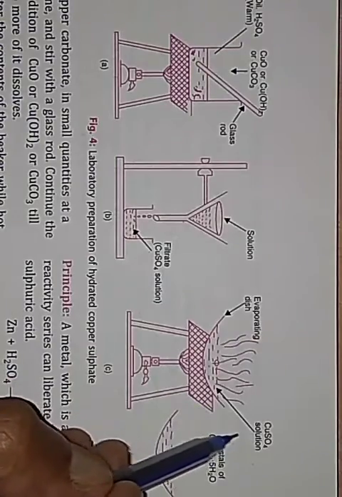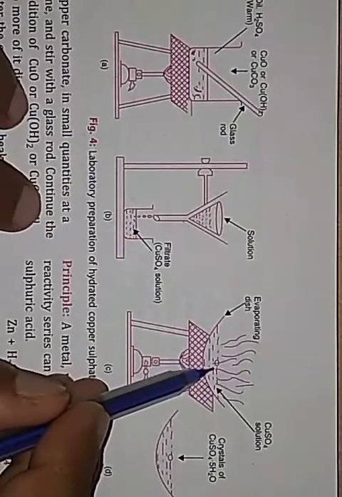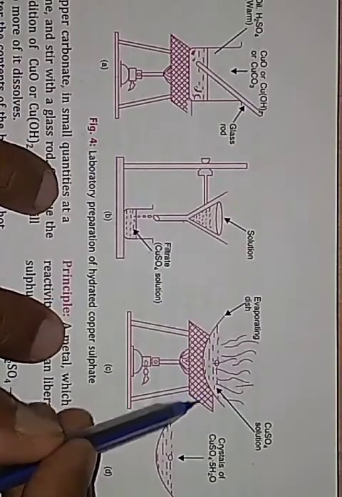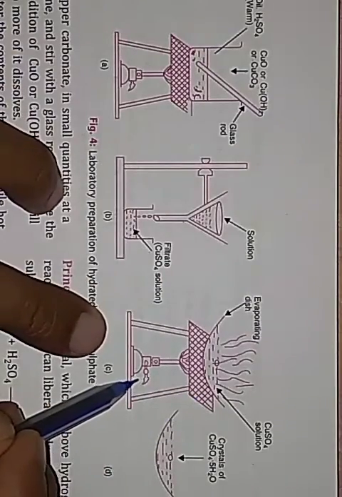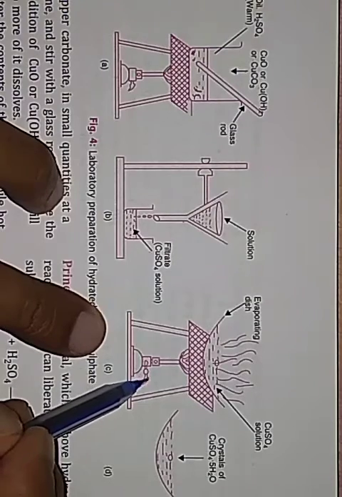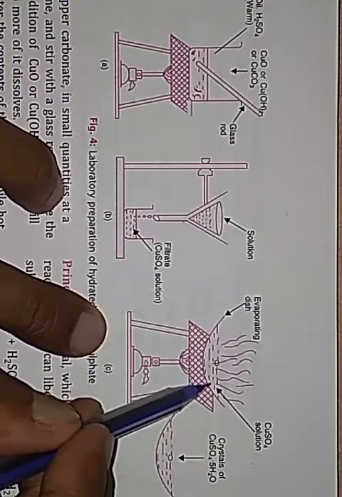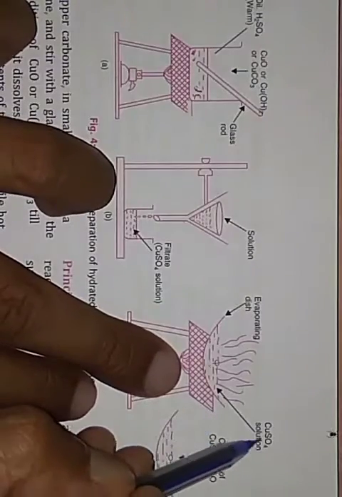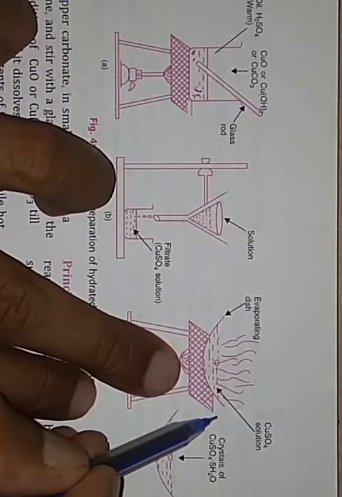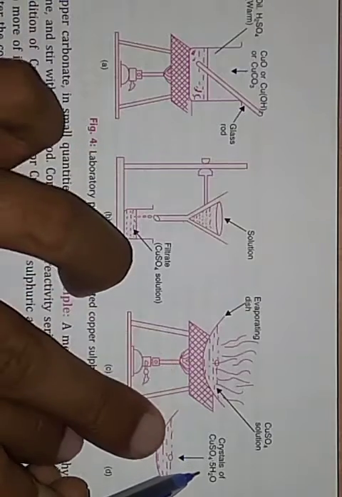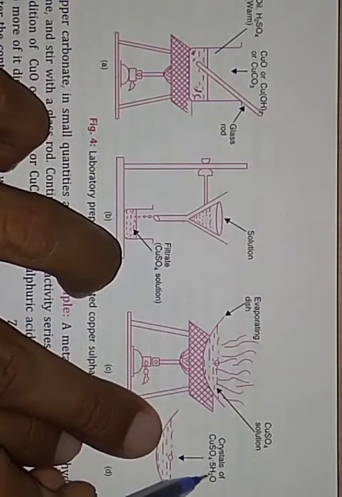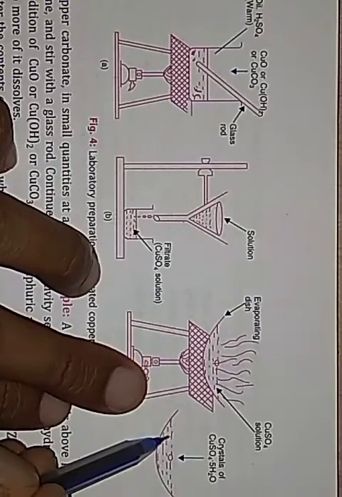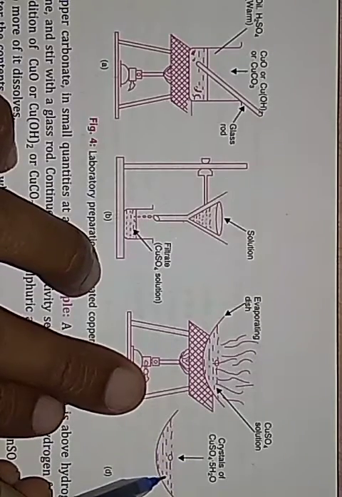When the copper sulfate solution reaches its saturation state, then we switch off the burner. After cooling, we filter out the copper sulfate .5H2O crystals. That crystal is called the blue vitriol because its color is blue.